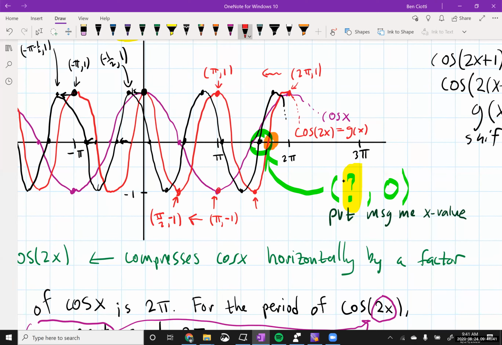That was 3 pi over 2, negative 1, but that's not the point that got shifted. That point was something, 0.